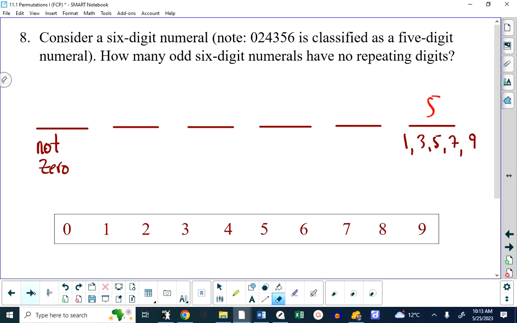How many options are there for the first blank? See, let me explain. So first of all, don't confuse this number 5 with 5 items being used.